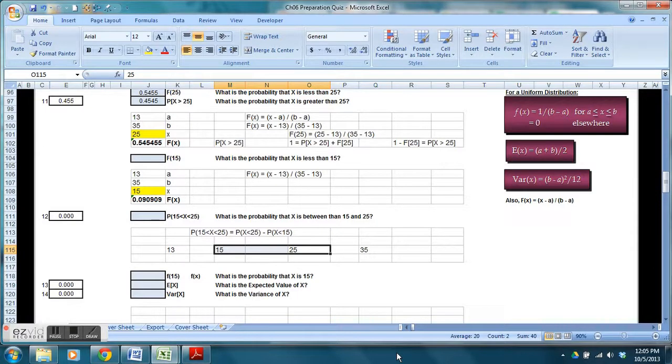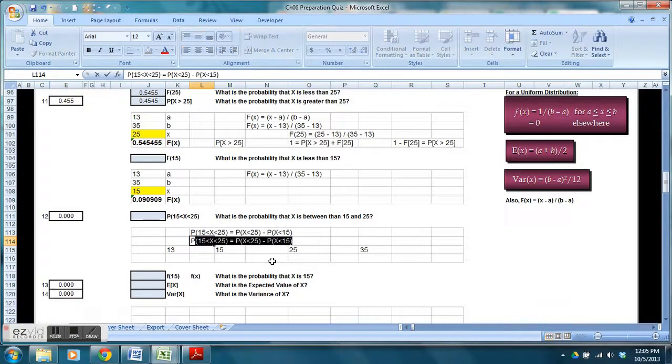In general terms, the probability that x is between a and b equals the probability that x is less than b minus the probability that x is less than a.